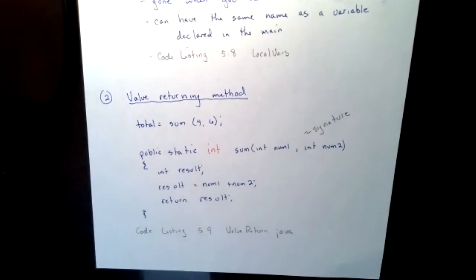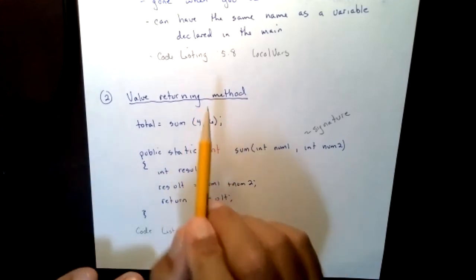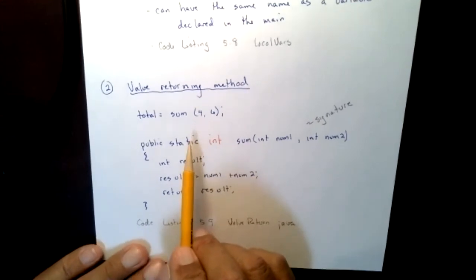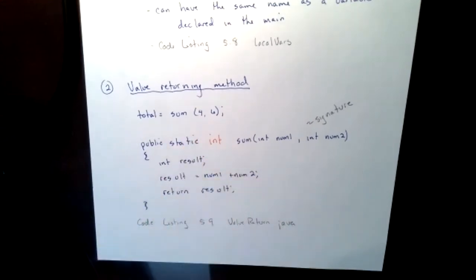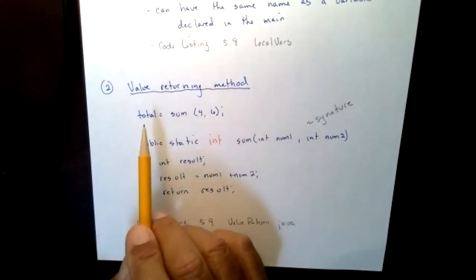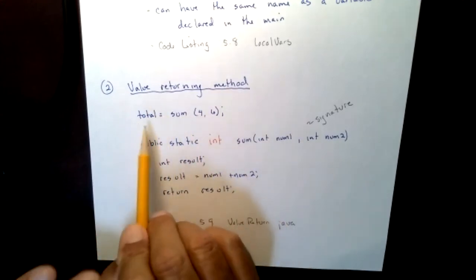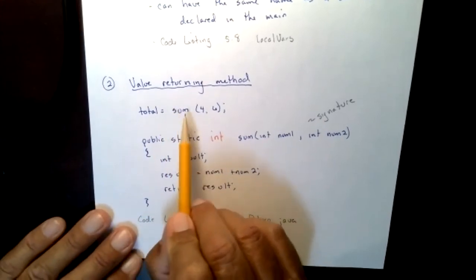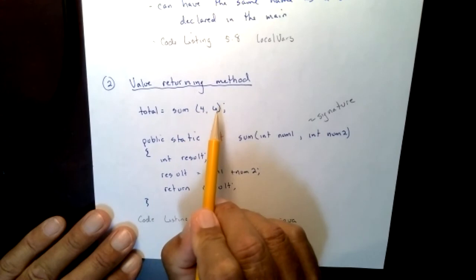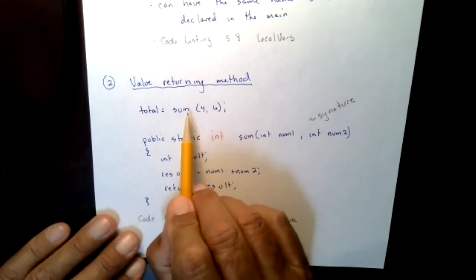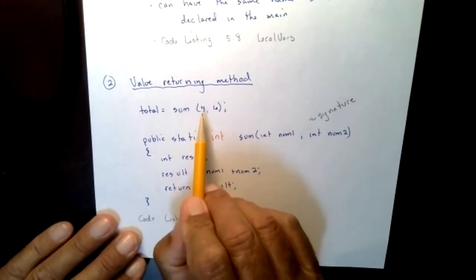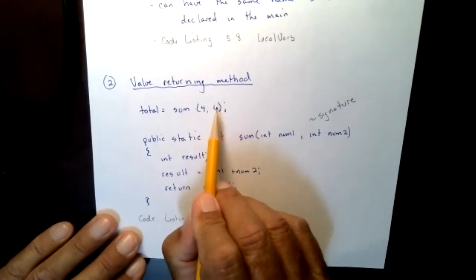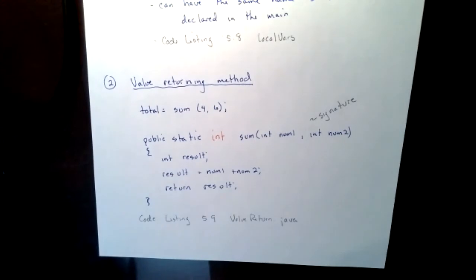Now, if I have a value returning method, that means a value is being returned and I have to do something with it. For example, I have to save it. And here's what I got: total = sum(4, 6). So I'm going to call the method sum. It's going to have the arguments 4 and 6 going into that method.